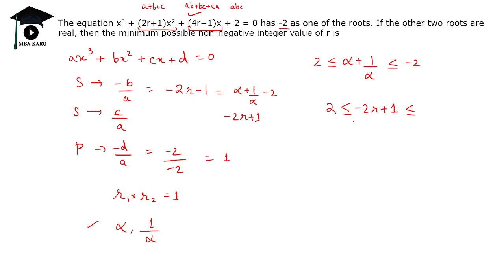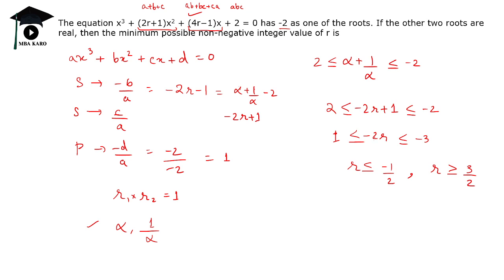So now we get −2r is 1 and this is −3. If we divide by −r, the sign reverses, so −r is less than −1/2, and again we reverse the sign, so r becomes greater than or equal to 3/2.